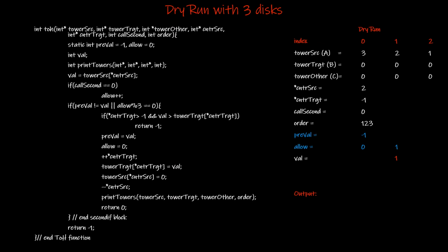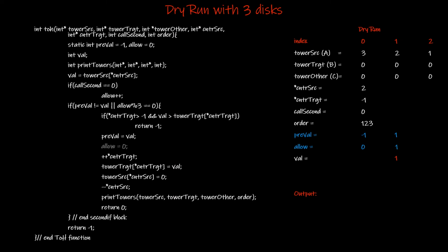It is empty, so this checking is not required. So this condition is false. So we go to the next statement. Preval equals val. Preval is assigned the value of val so that in the next call to this function we can check whether we are working with the same disk or the new disk.